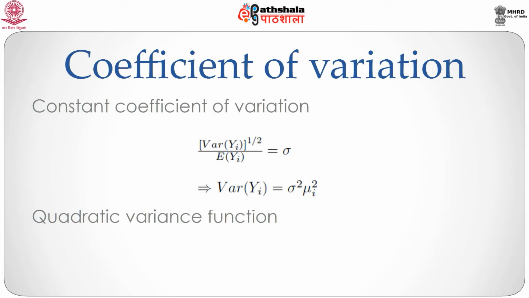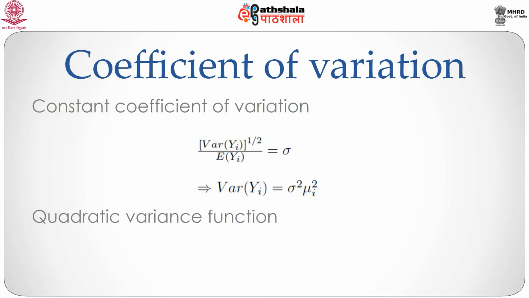So the coefficient of variation is defined by the variance to the power half, that is the standard deviation, divided by the mean. Our requirement is a constant coefficient of variation, and this is given by variance of y to the power half by expectation of y equal to some constant sigma.